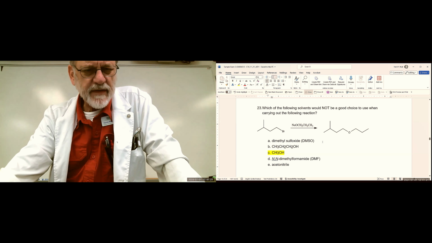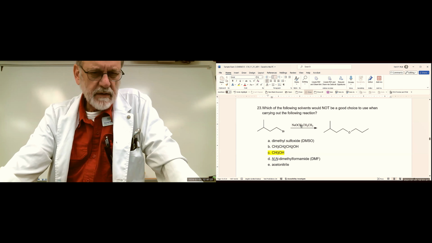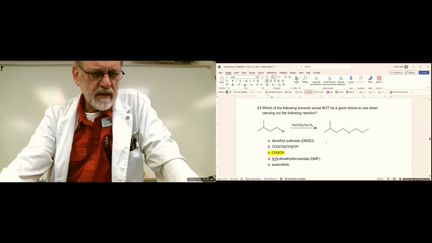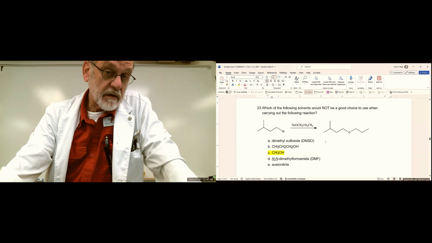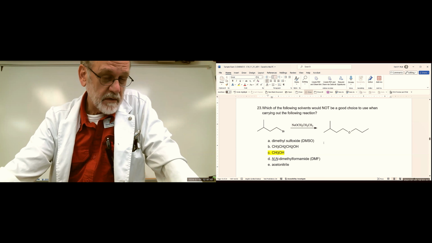If we did it in methanol, that's a protic solvent. So this alkoxide is simply going to deprotonate the methanol. It's not going to have anything to do with that precursor. It needs to be not be a good choice.